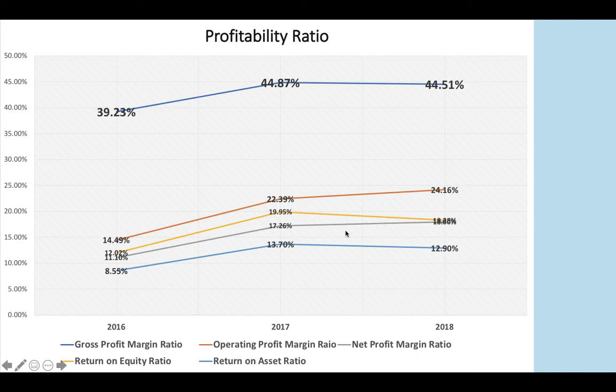Because we can see that from gross profit ratio and the operating income ratio, there is such a big gap because the expense is really high. That's why the difference between the gross profit and the net profit is really big.